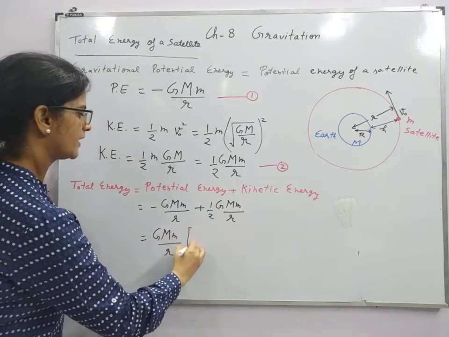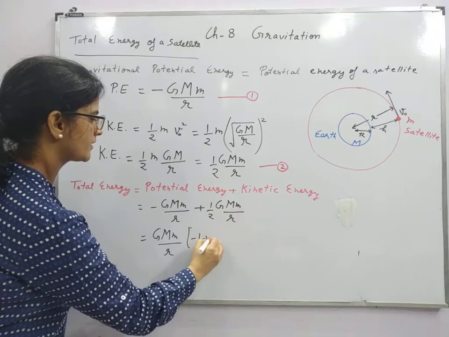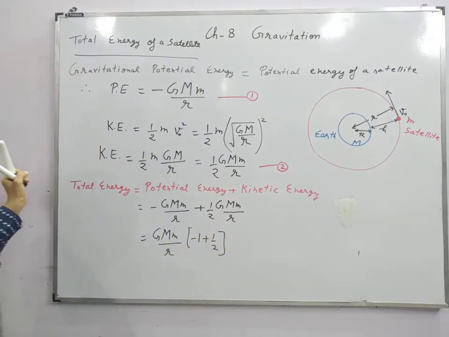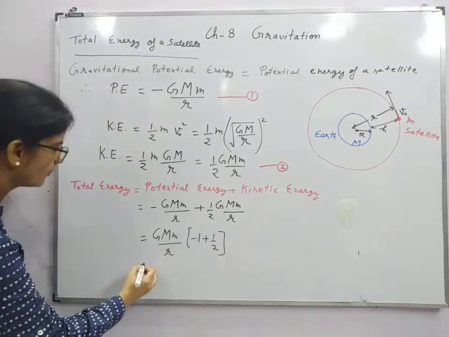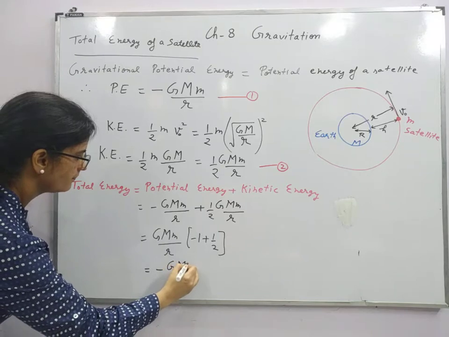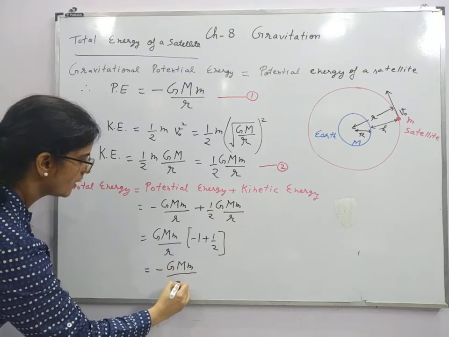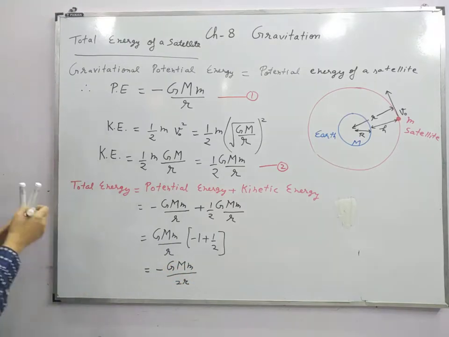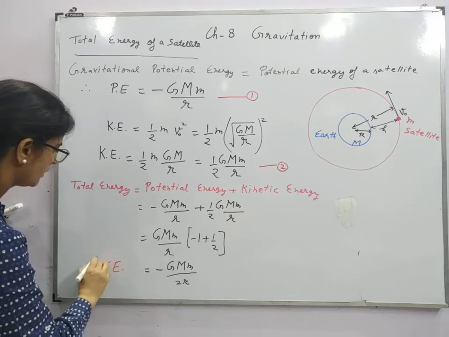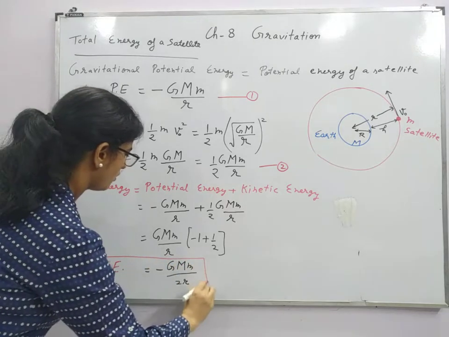So inside the bracket what will remain? Minus 1 plus half. So this will become minus half inside the bracket. So the result will be minus GMm upon 2r. So this is the total energy of the satellite in an orbit.